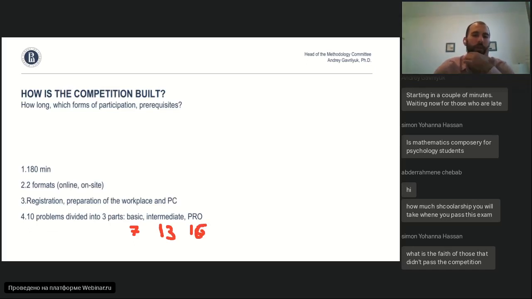Okay, like this. 2 problems in the pro part, 2 problems in the intermediate part, and 6 problems in the basic part, which sum up to exactly 100 points in total.